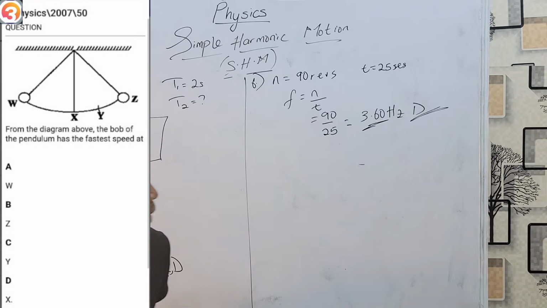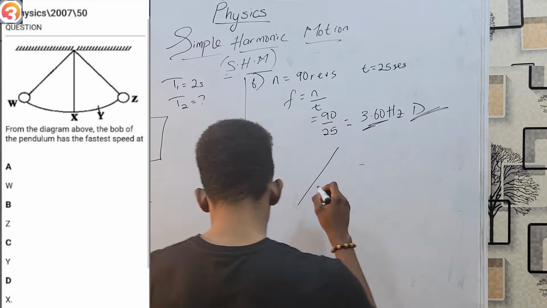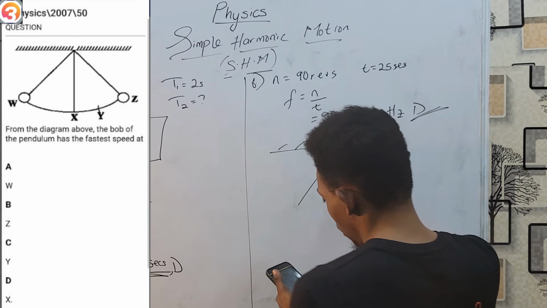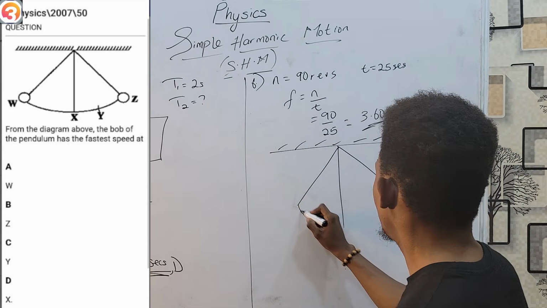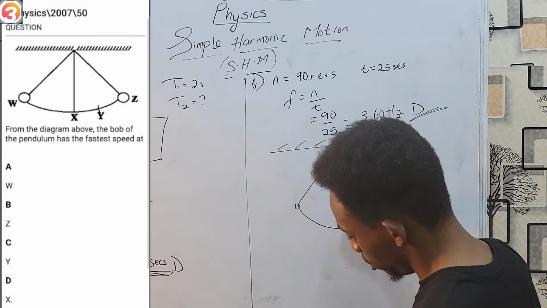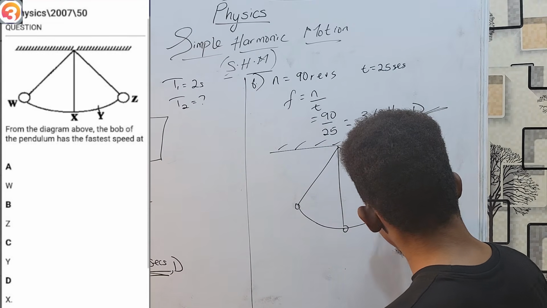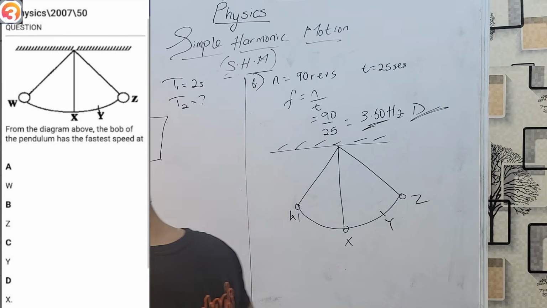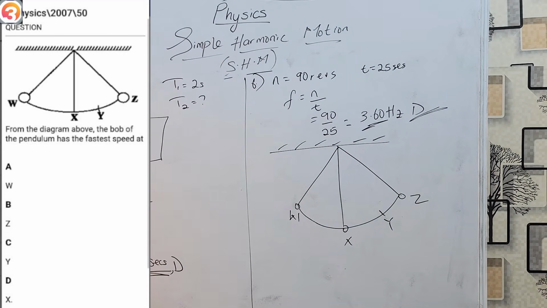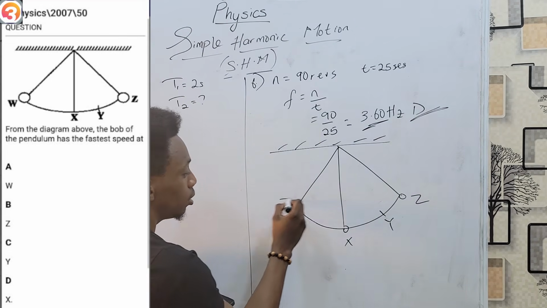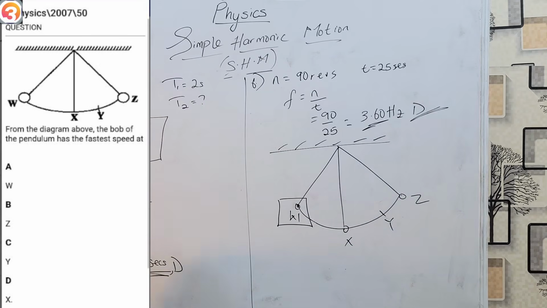In this one, we have a diagram, which we should be able to remember from our explanations. The diagram is something like this, and this is the bulb here. This is Z, this is Y, this is X, and this is W. The question is, where is the speed fastest? Now, if you remember from the explanations, we said that at point W right here, this guy is not moving.